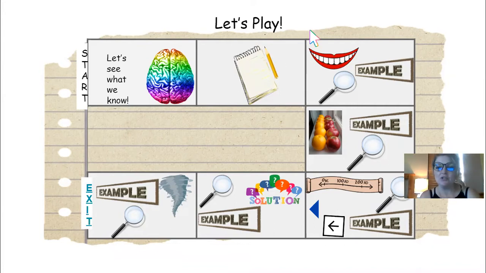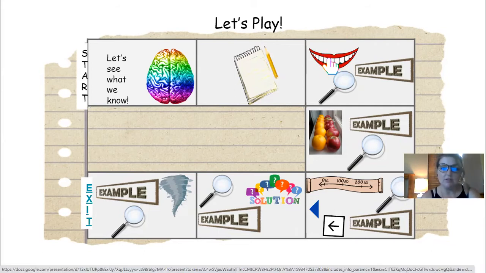Okay? All right, so back to our drawing board. Now we know a little bit about structure and text structure and the purpose of text structure, okay? So we're gonna go to our first little example here. Our first little spot on the game board is this mouth. Now, does this mouth make you think of any type of text structure that we could possibly be talking about? Anyone who might know a little something about text structures?